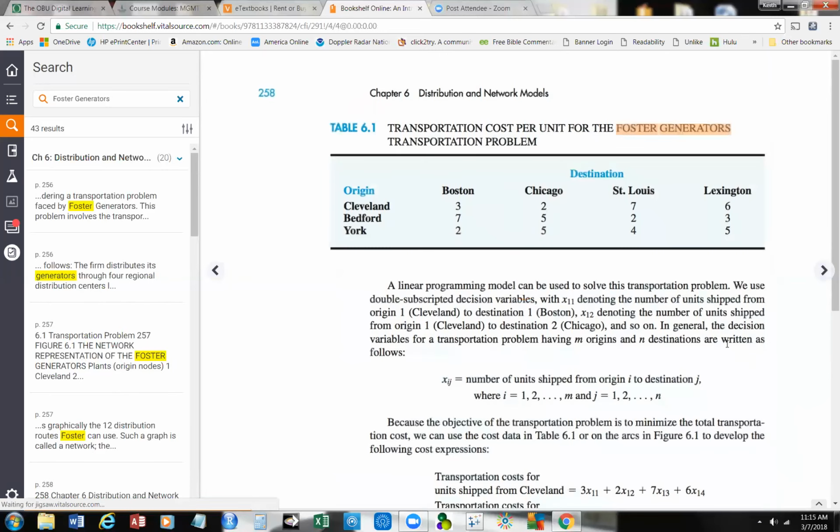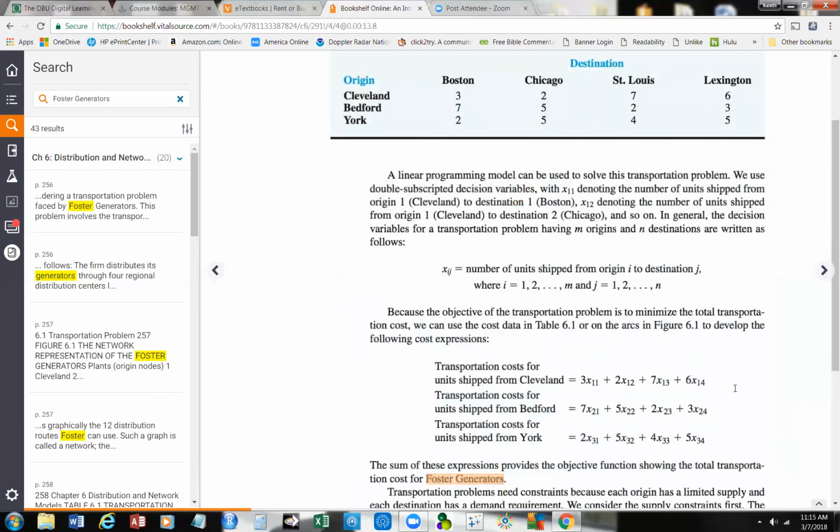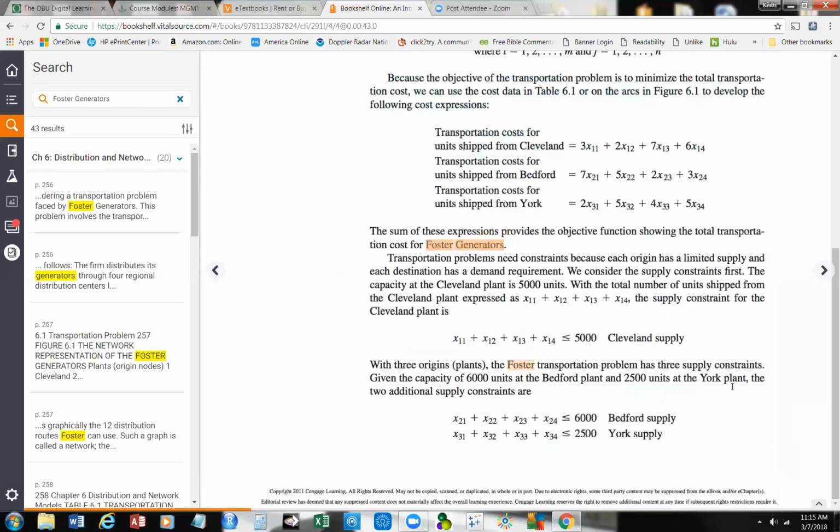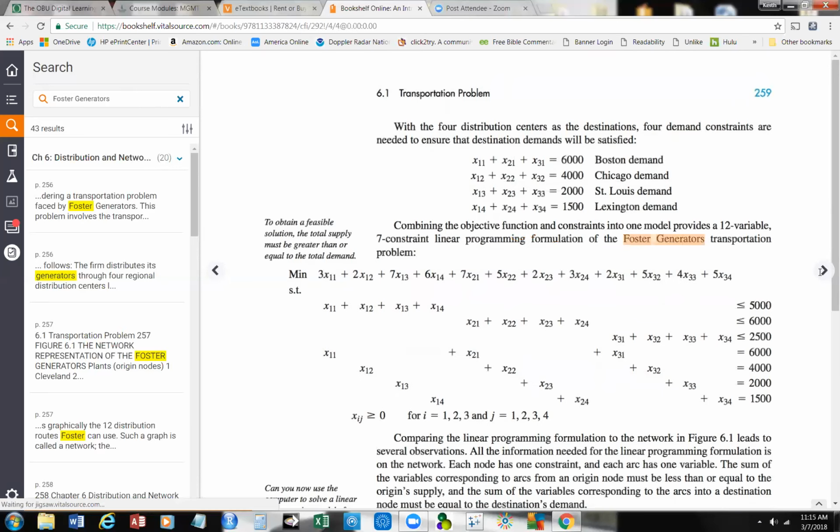Well, that being said, again, they show us the destination, and the number of units shipped, and we have the supplies. And now we'll pop over here to the full Monty, and this is the problem, and we're trying to minimize distance, which implies cost, transportation costs, while meeting demand.